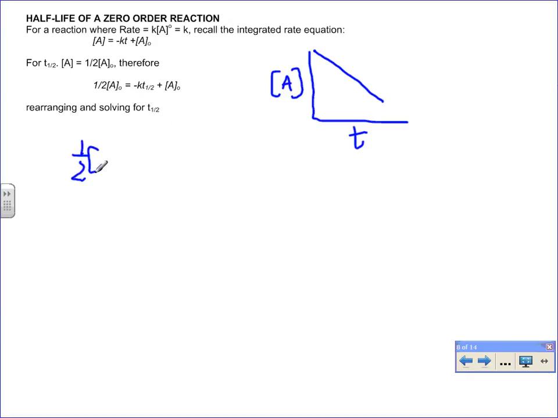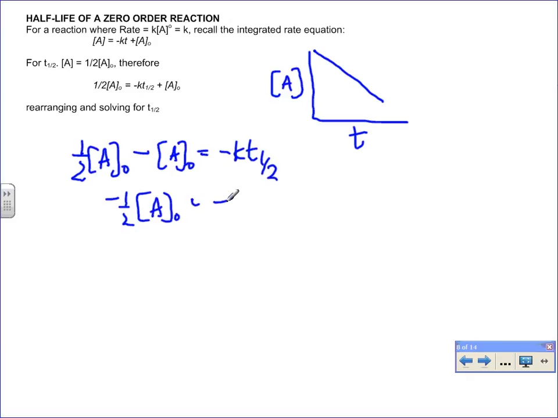So I've got half of A naught minus A naught is equal to negative kT half. And so this is negative a half A naught is equal to negative kT half. And to isolate T, I'm going to divide by negative k.